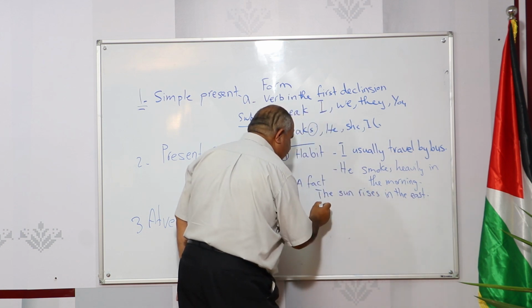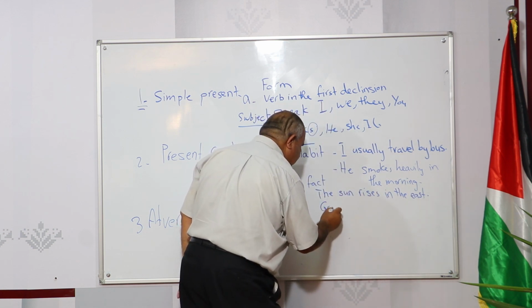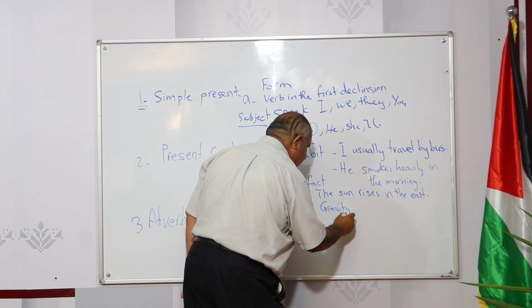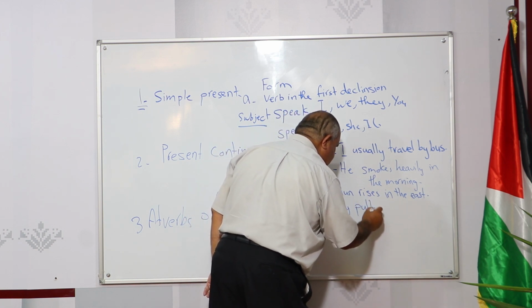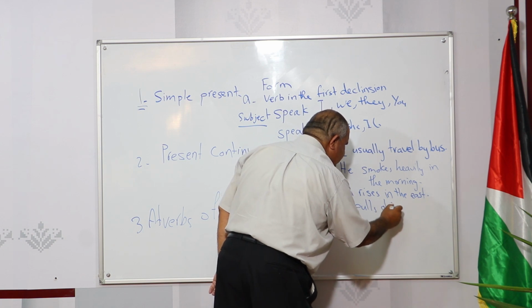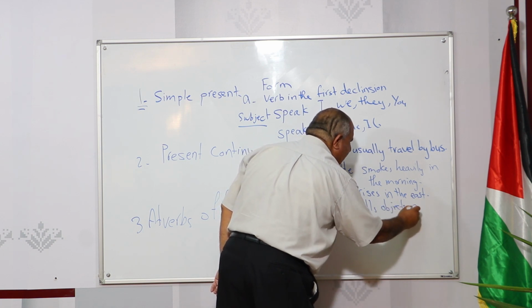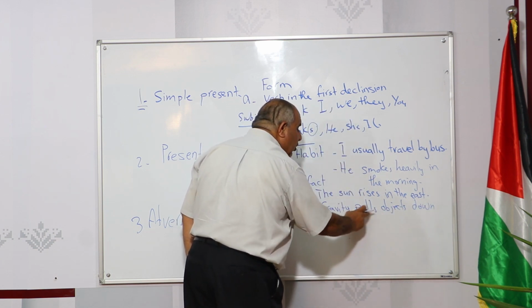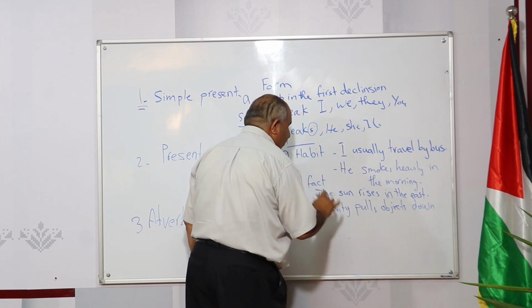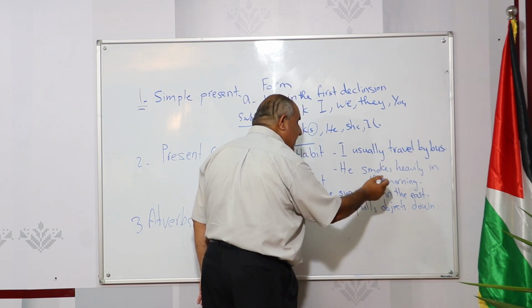Another example: gravity pulls objects down. Gravity pulls objects down. Now, look here. The sun rises in the east.